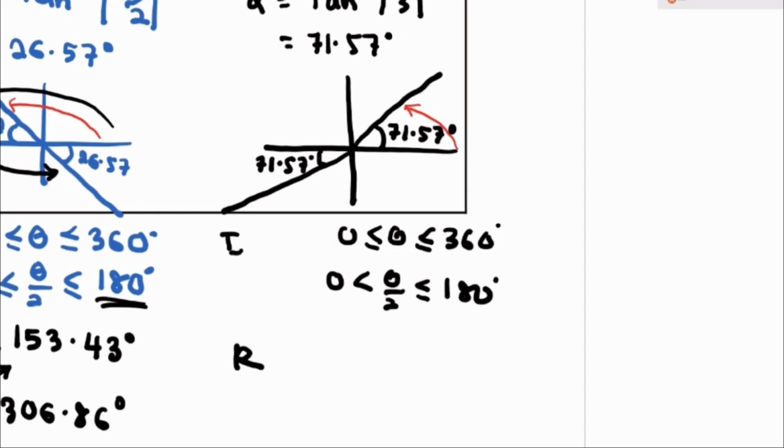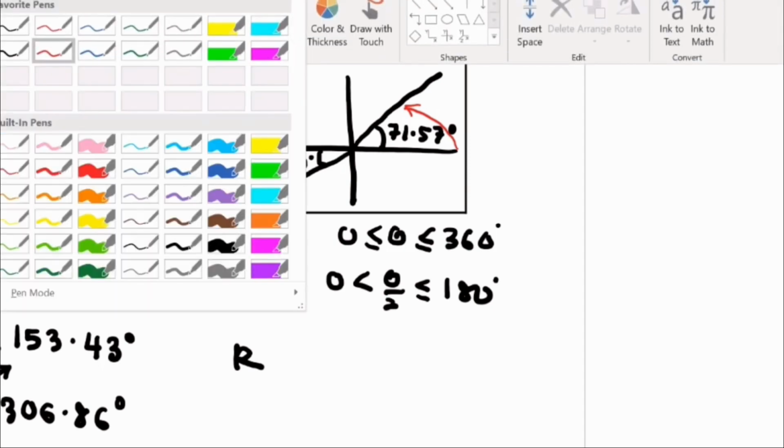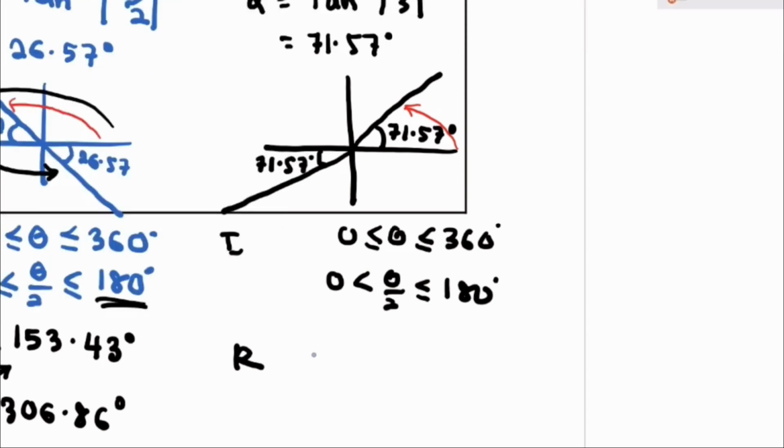So the answer is theta over 2 equals 71.57. If you rotate more, it is more than 180, so you cannot take it.